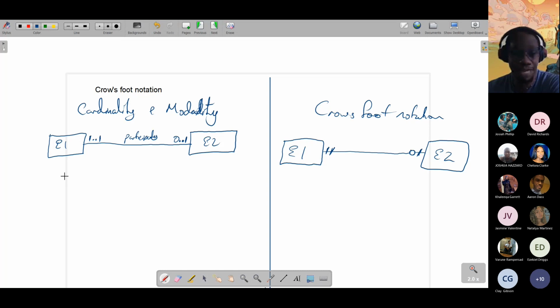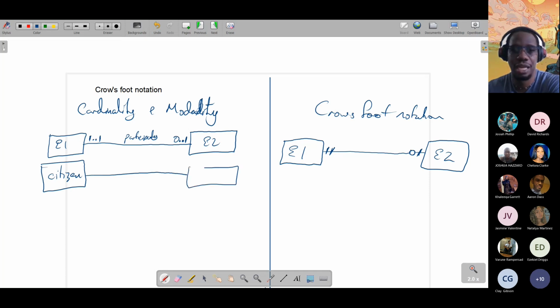So let me put the example that I had here. Let's say I have a citizen. A citizen owns a driver's license. Right? I'm not sure I spelled license right.